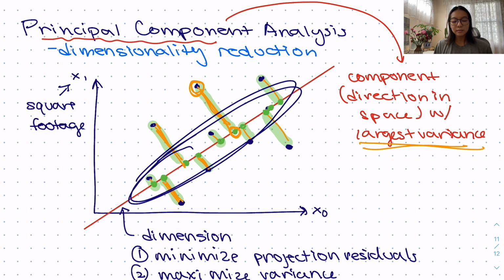PCA is kind of the same thing. It's saying if we have something with all these different dimensions but we can't show all of them, how do we boil it down to just one dimension? How do we extract the most information from those multiple dimensions? And that is exactly it: either you minimize the projection residuals or you maximize the variance. And that is PCA. So we'll go through an example of that.